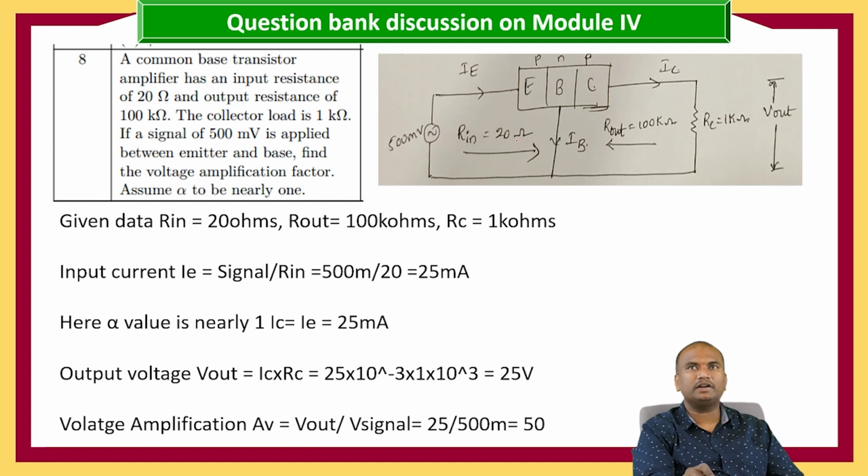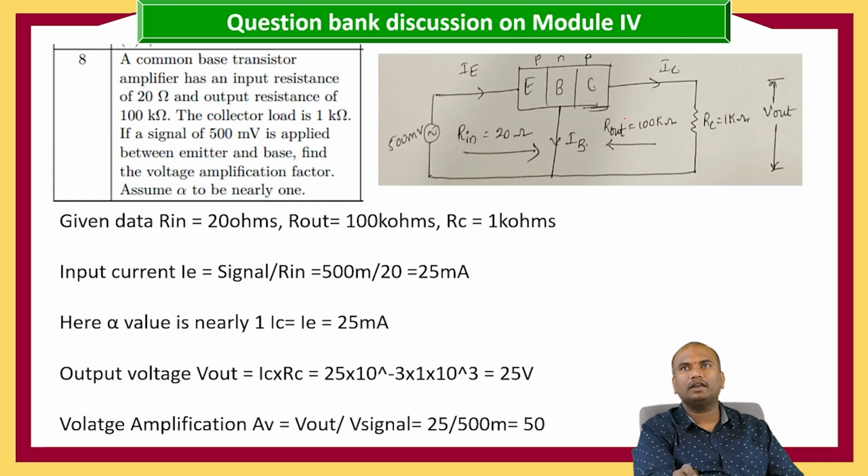The input resistance is 20 ohms and the output resistance is 100 kilo ohms. And RC value is given as 1 kilo ohm. So here the given data is R input is equal to 20 ohms, R output is equal to 100 kilo ohms, RC is equal to 1 kilo ohm.